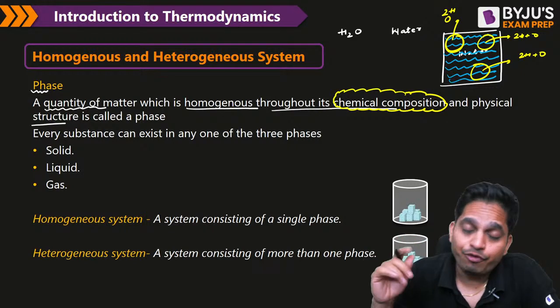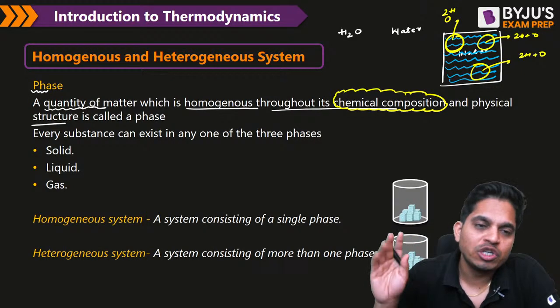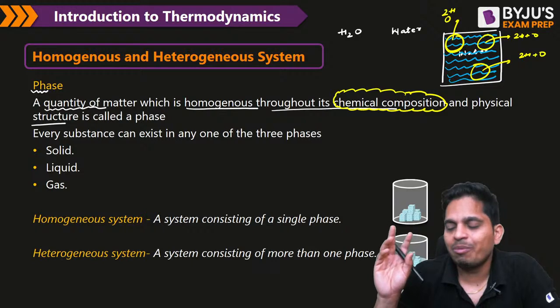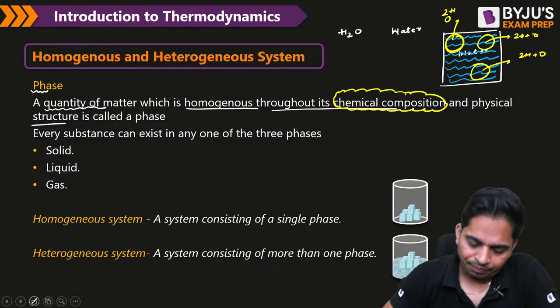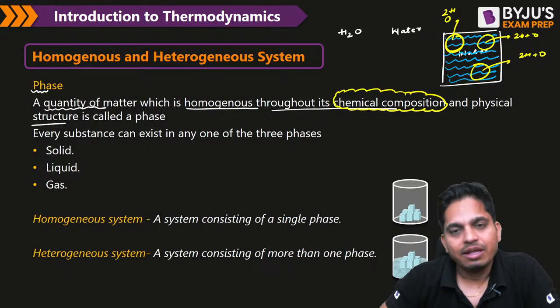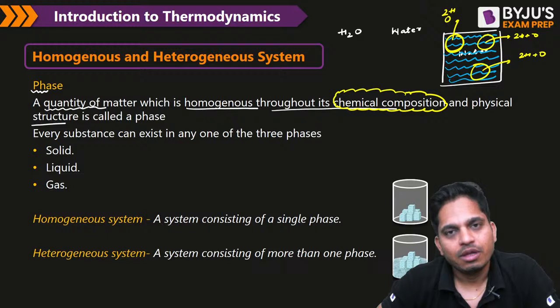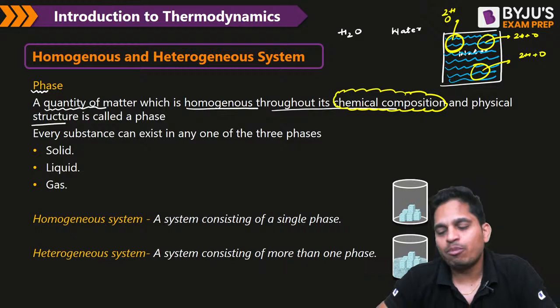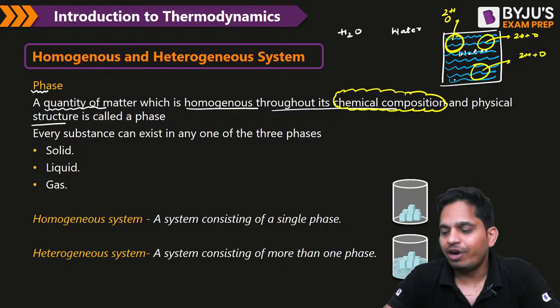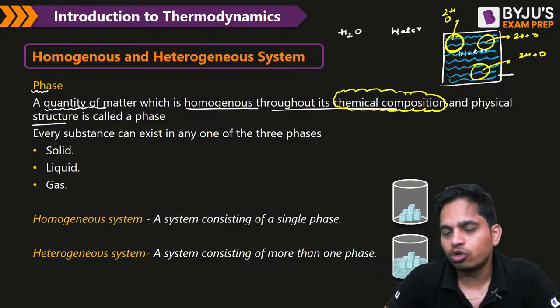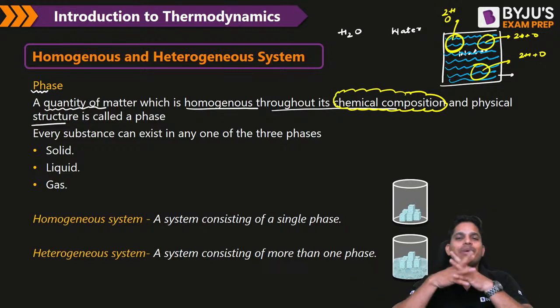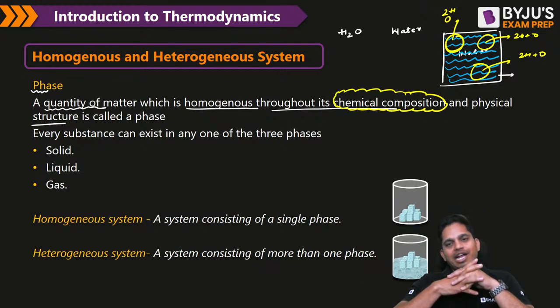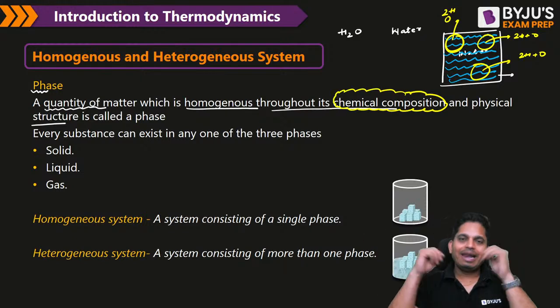And second point: first is homogeneous chemical composition, second is physical structure. Now what do you mean by physical structure? You see the molecular bonding here. The molecular bonding is also same. 2 hydrogen are bonded with 1 oxygen. If it is converted to solid, the intermolecular forces will be higher. If you convert into gas, vapor, intermolecular forces will be less.